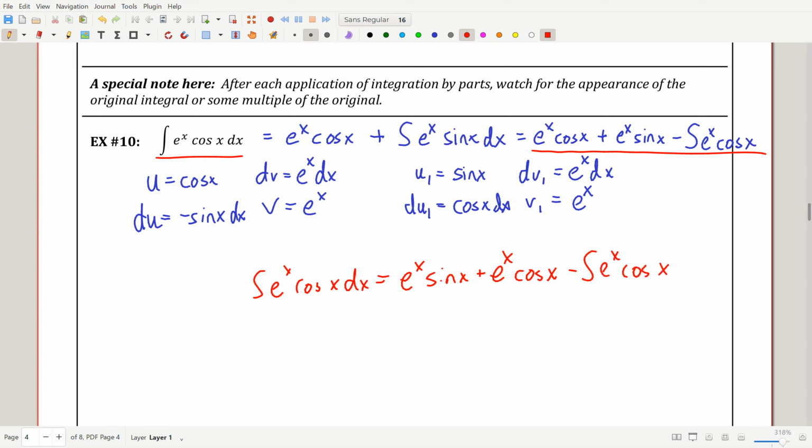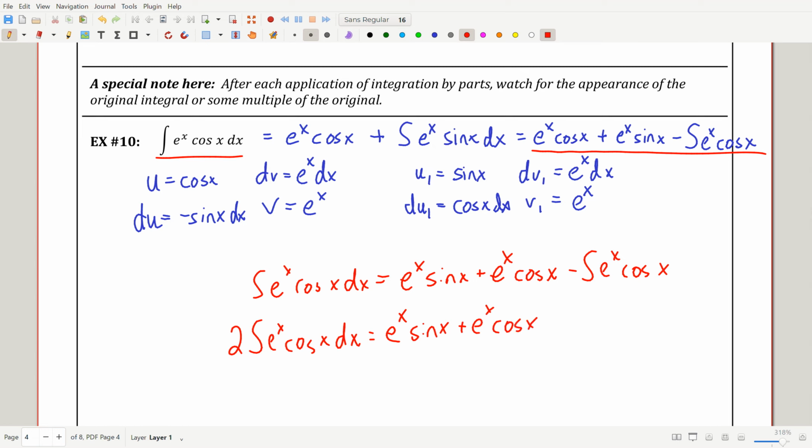So I will add the integral of e to the x cosine x to both sides. So I have 2 times the integral of e to the x cosine x dx equals e to the x sine x plus e to the x cosine x. And I'll divide both sides by 2.